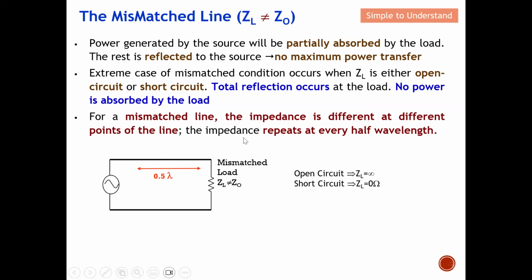The impedance repeats at every half wavelength, which I mentioned earlier. In this video, I have also quickly mentioned the extreme case of open circuit and short circuit. After half of the wavelength, this repeats, and this can be quite a drastic effect for impedance matching because this is the extreme case.